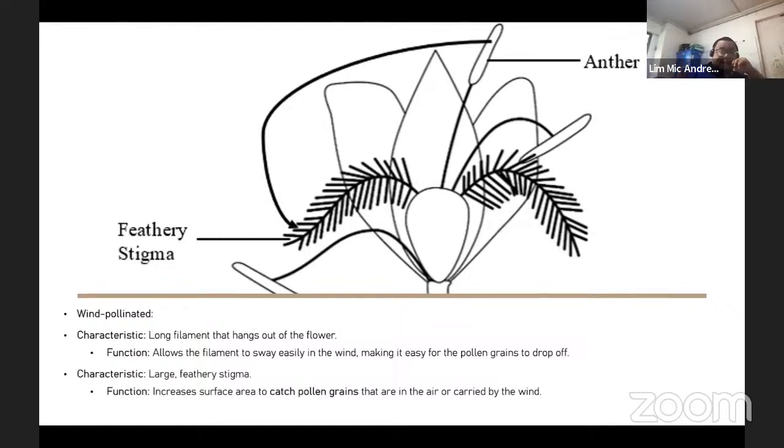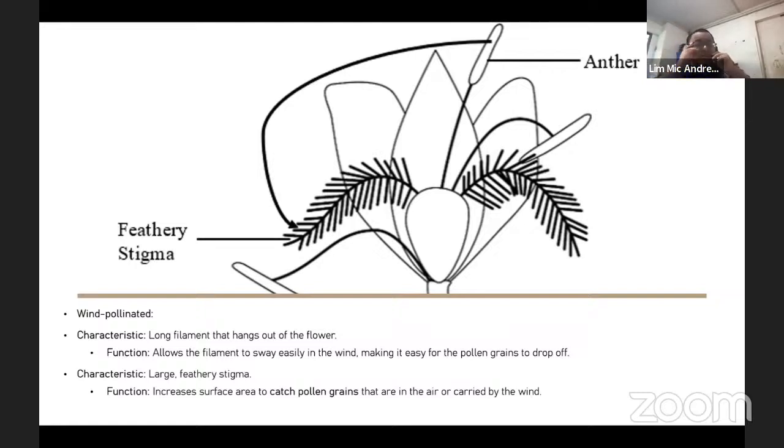First thing first, we look at the stigma and the anther. Flowers that need the wind's help will have a feathery stigma sticking out of the flower, with a larger surface area so that they can grab whatever pollen grains are in the wind.